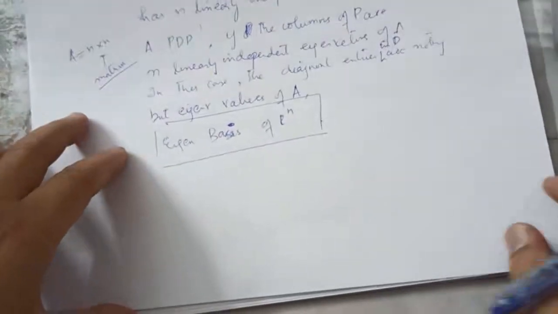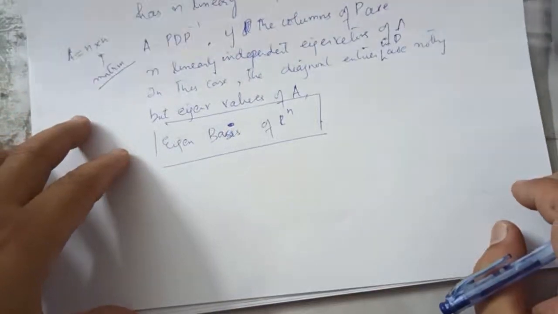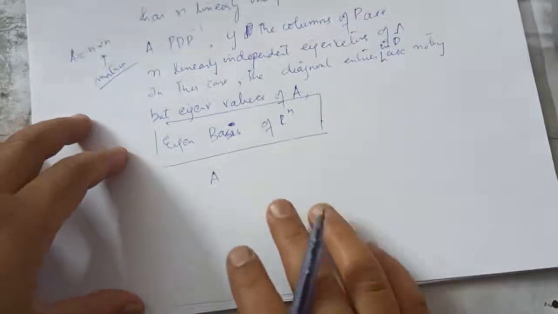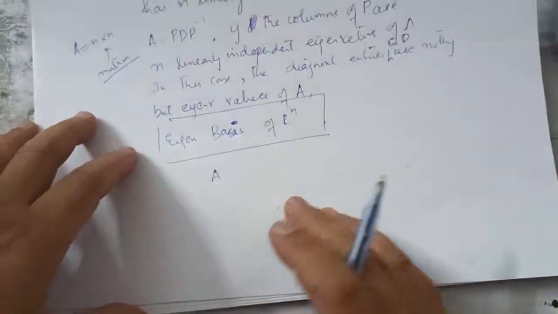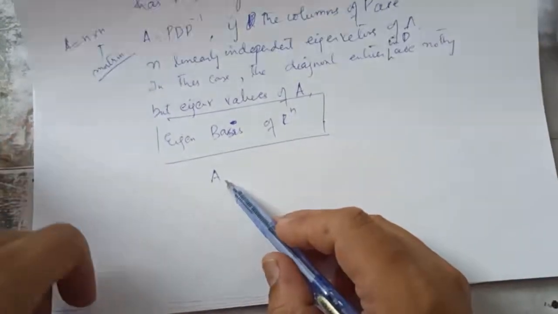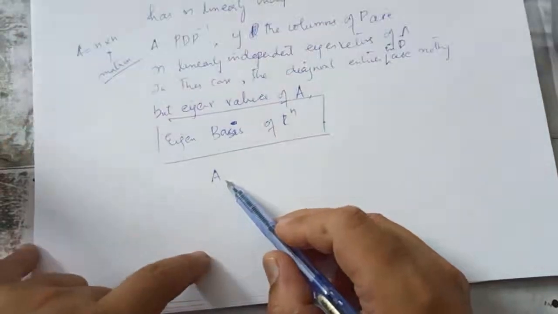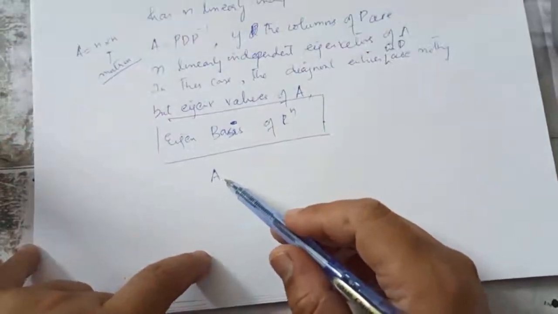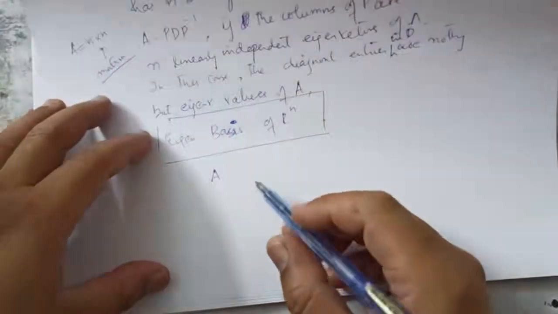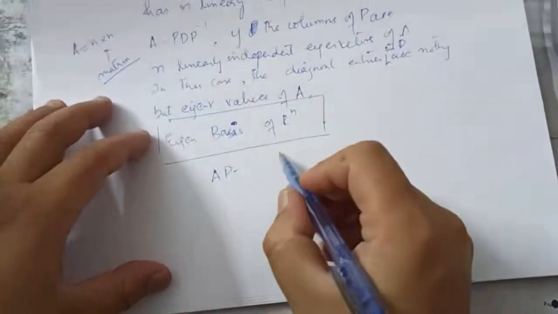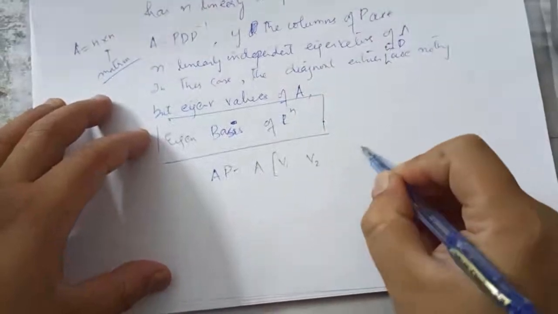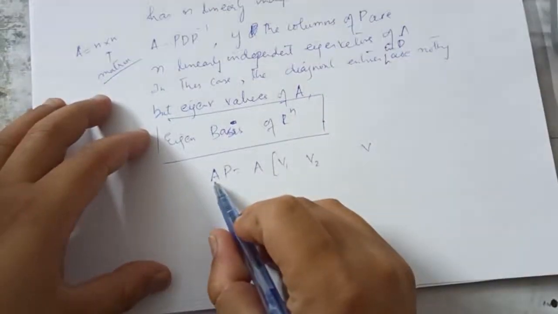Say, for example, A is a matrix that is given to you, and P is another matrix which has eigenvectors of A as its columns. Then A times P will be A[v1 v2 up to vn], of course it's n cross n.